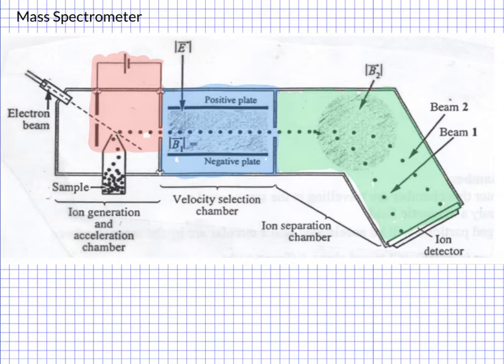It's probably worth mentioning that because the acceleration chamber, the red chamber, cannot produce a uniform velocity, there'll be lots of these ions that just drift all over the place. They're going to be essentially lost to the experiment because they don't have the exact velocity.